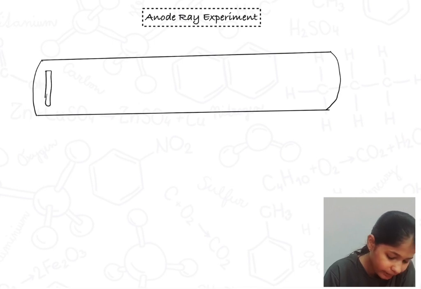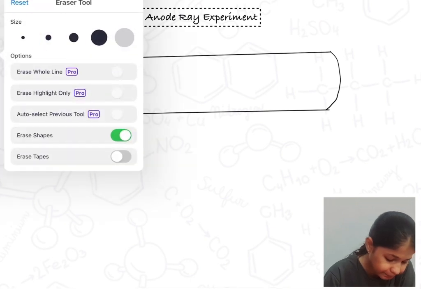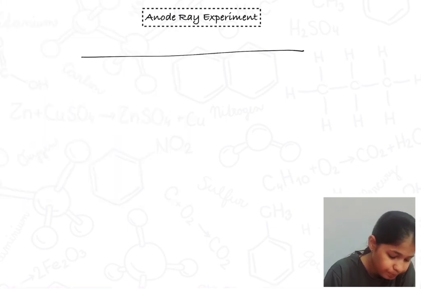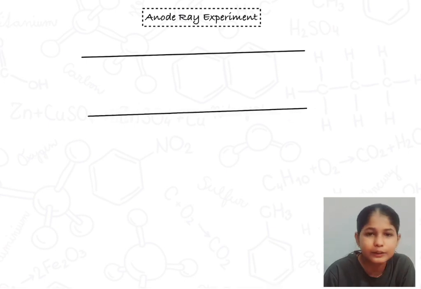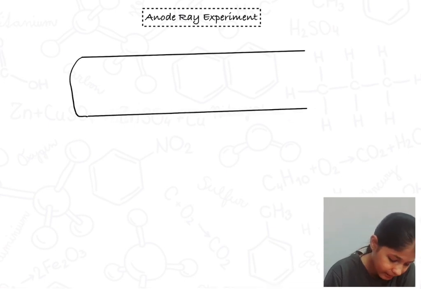Now again I'm drawing, just a little bit informally. This is our hollow tube. In this experiment also the hollow tube is taken. Inside that hollow tube, 2 electrodes were fitted.